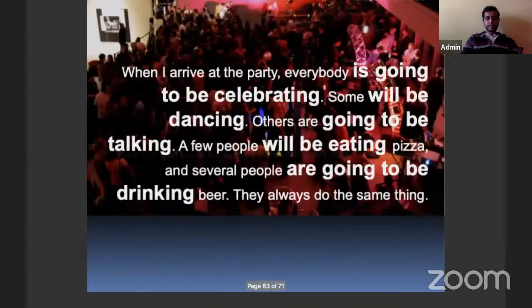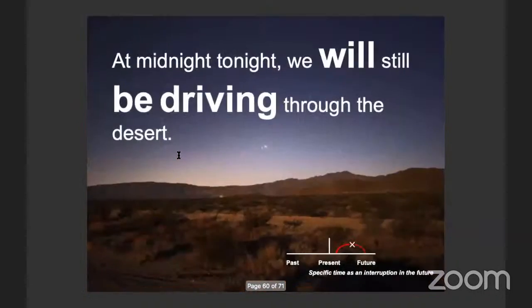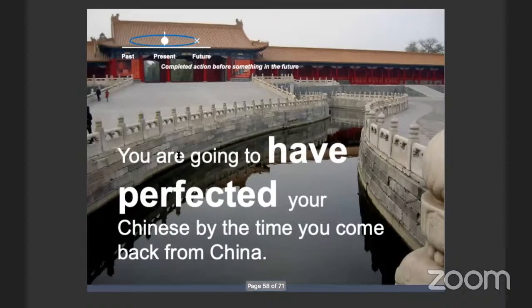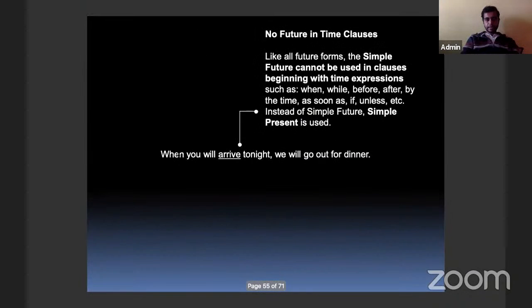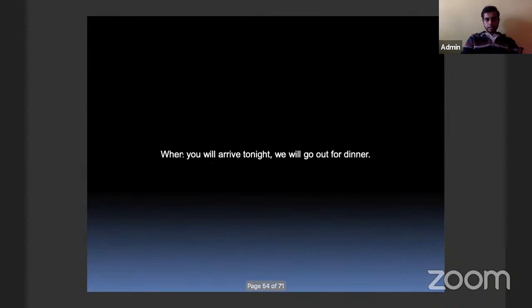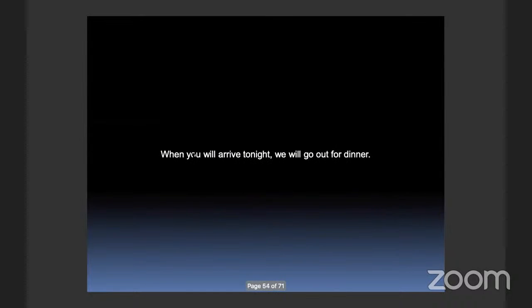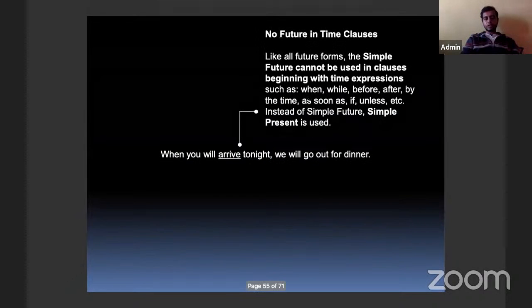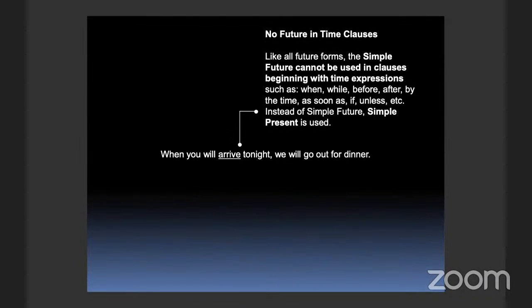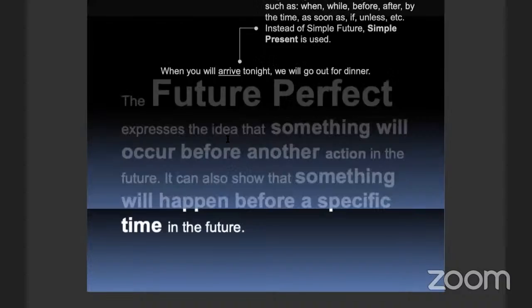Similarly, in place of future perfect: when you will arrive. Again, it starts with time, with when: when you will arrive, future perfect. You cannot use simple future; use simple present.